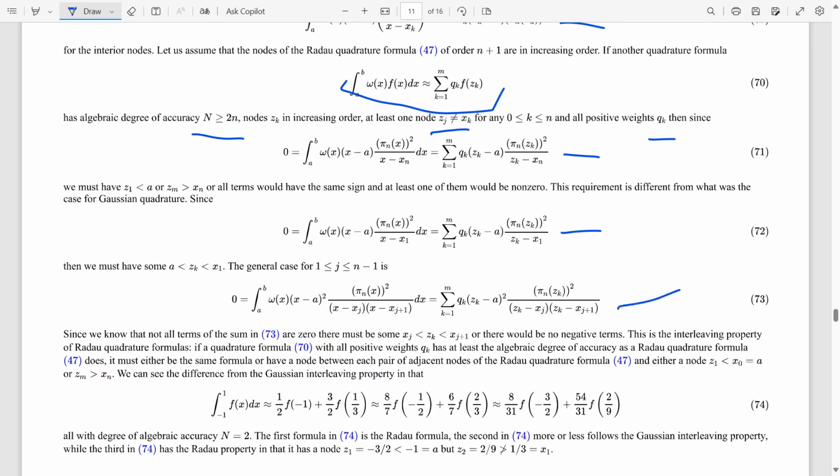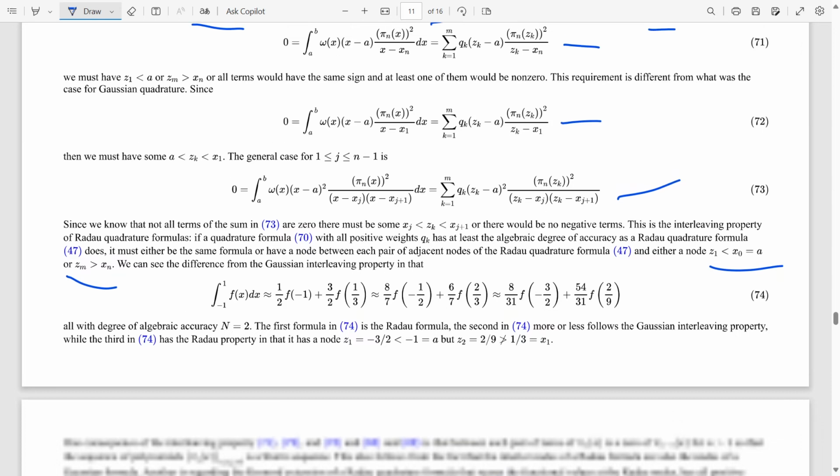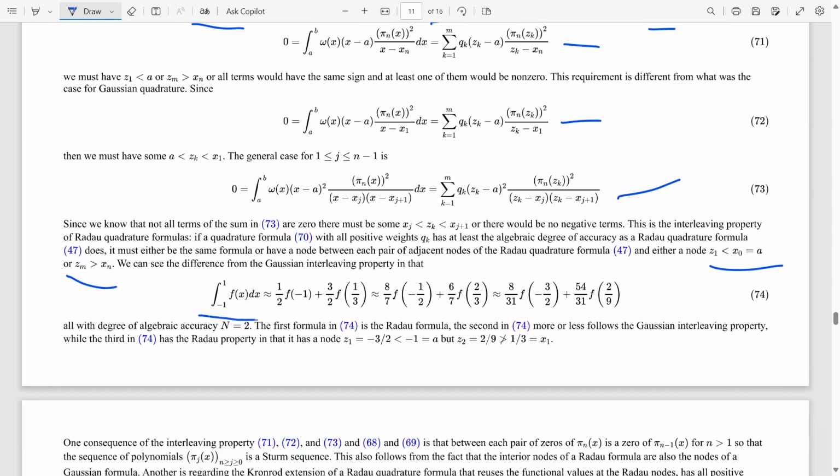The interleaving property of Radau quadrature requires the alternative quadrature formula to have a node between each pair of nodes of the Radau formula, interior or boundary, and one node either before x naught equals a or after xn. As an example, I'm just going to write out the Radau quadrature formula for this.